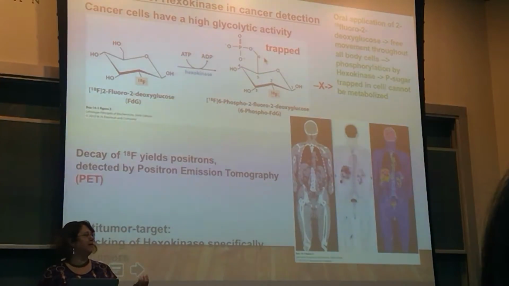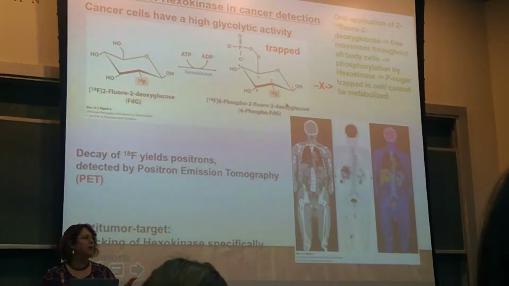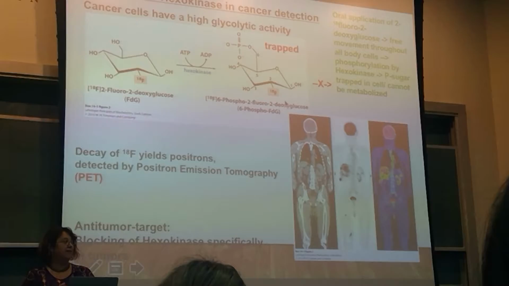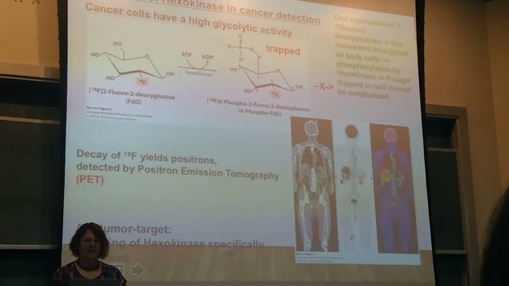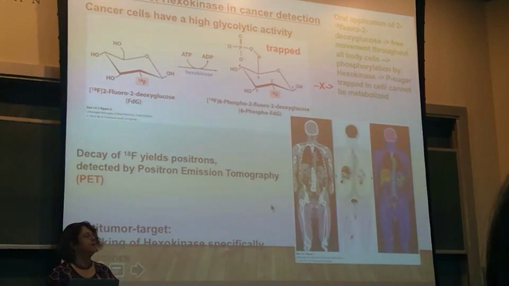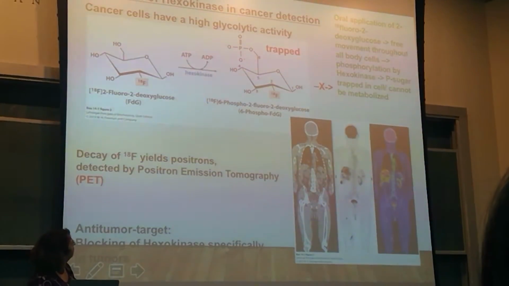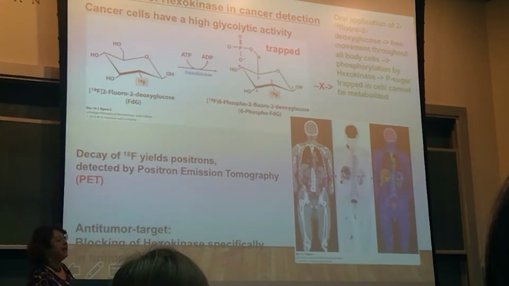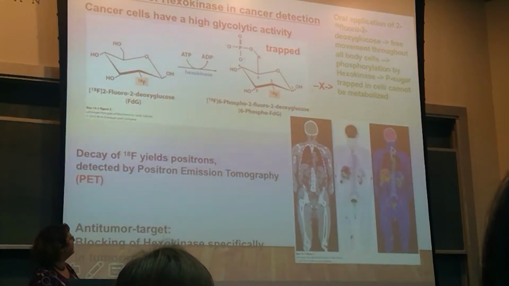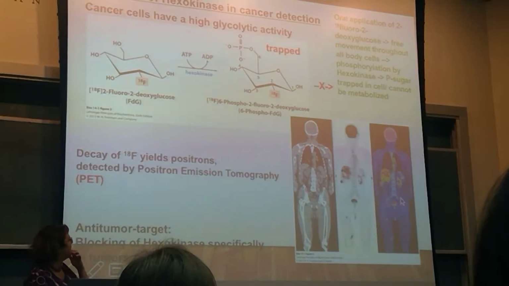But then once you phosphorylate it by the hexokinase, it's trapped. And then you know that basically glycolysis is happening, that there's a lot of glucose, and you can see exactly where it is in the body. So here you have the CAT scan, and then here you have the image from PET, and then here you have false color to really figure out what's going on.